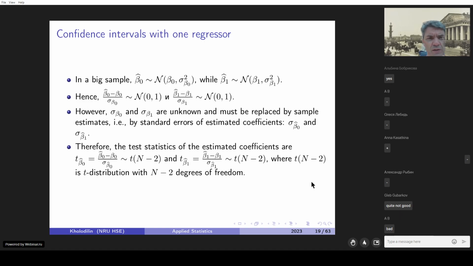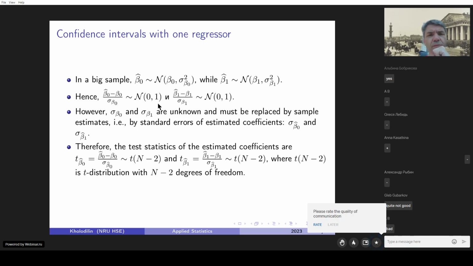So these are two random variables, and of course if they are normally distributed, then they have mean and variance. So if we subtract the true value that we don't observe and divide by the standard deviation that we don't observe either, then we get a standard normal distribution with mean 0 and variance 1.